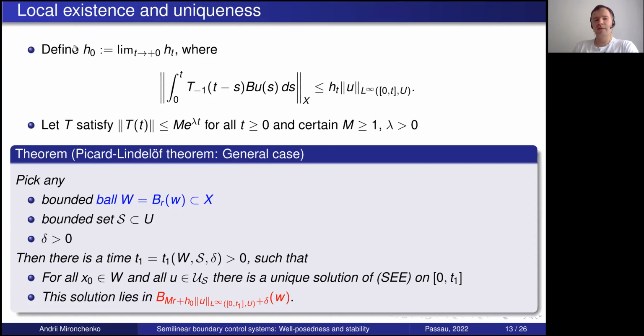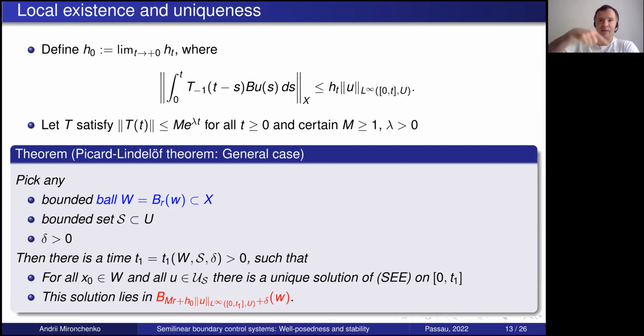So what is the meaning of this parameter H0? This guy describes the deviation of the trajectory due to this control operator B. Clearly, we have assumed that for each given U, this map is continuous in time. It is 0 at 0, clearly, and continuous. So each particular U cannot drive us very far away in infinitely smaller time.